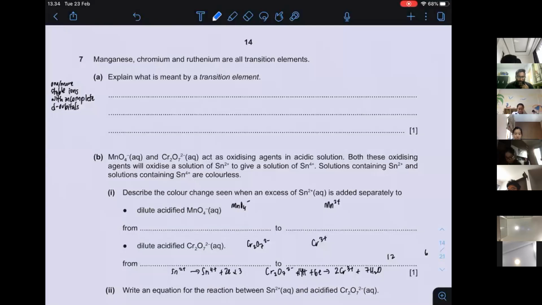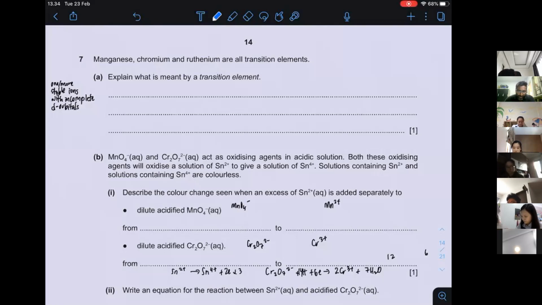Okay, let's continue. Now, manganese, chromium, ruthenium are all transition elements. Explain what is meant by transition element. A transition element is any element that can form one or more stable ions with incomplete d orbitals.